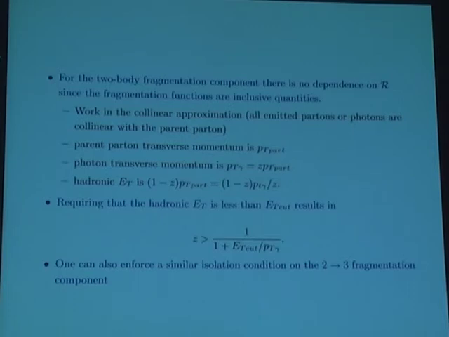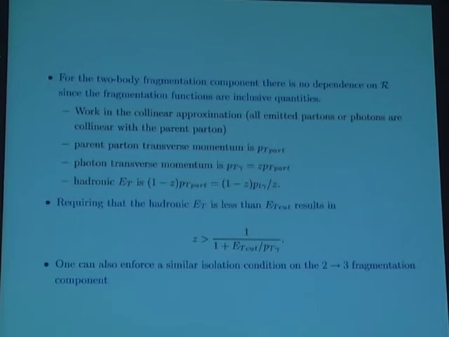Doing the integral over the gluon transverse momentum is akin to what I'm mentioning here. The fragmentation component doesn't know anything about the radius, but nevertheless you can convert that isolation cut into a cut on the fragmentation variable z.